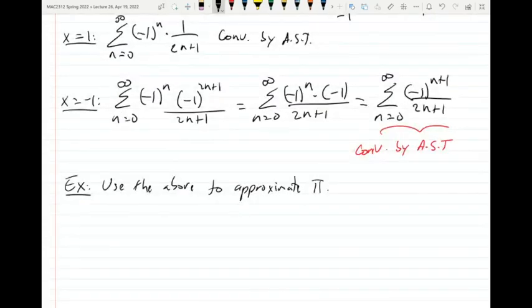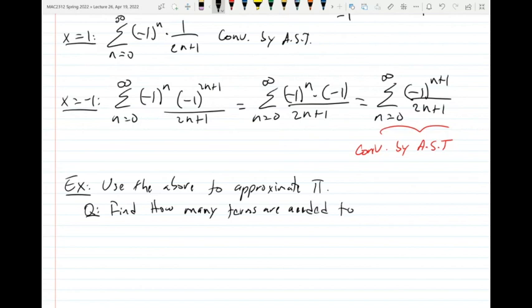So to be more concrete, the question is: find how many terms are needed to approximate pi, let's say, to 3 decimal places.